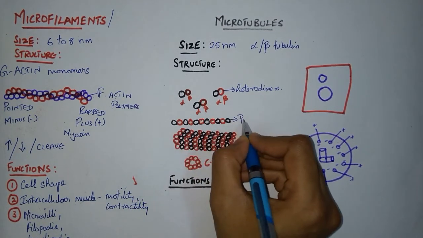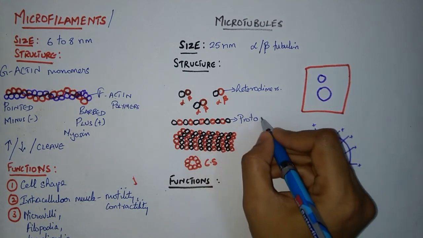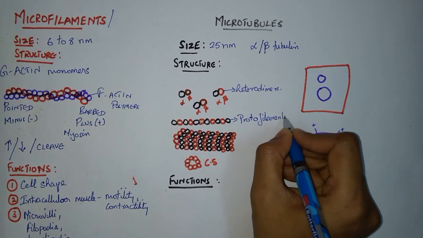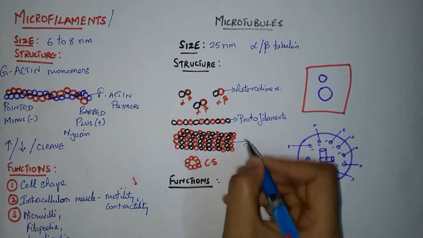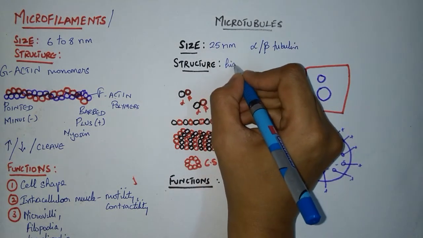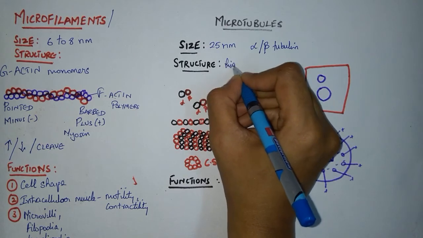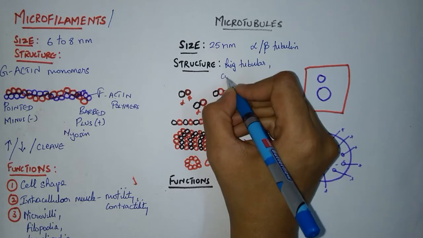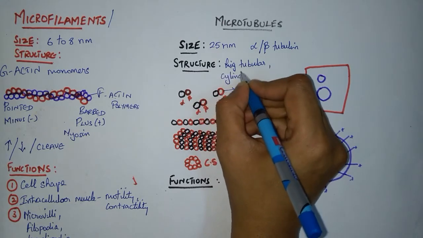This is the protofilament. 13 of the protofilaments form the microtubule. As the name implies, these are hollow tubular cylindrical structures.